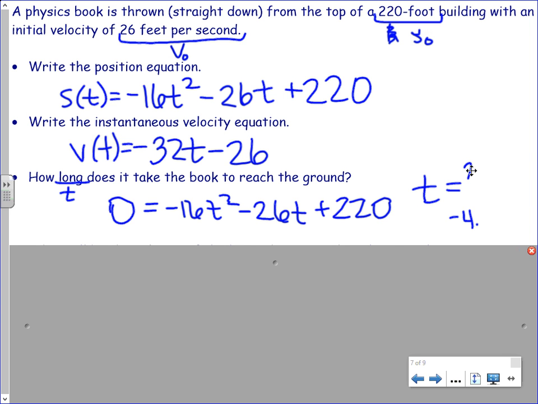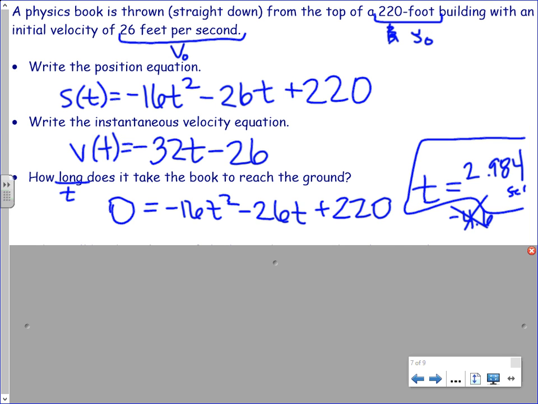Negative 4 point 6. Okay, what's the other one? 2.984. Remember, I want 3 decimal places. Now, negative 4.6. Can we have negative time? No, but graphically we have negative t values in a quadratic. That just happens.